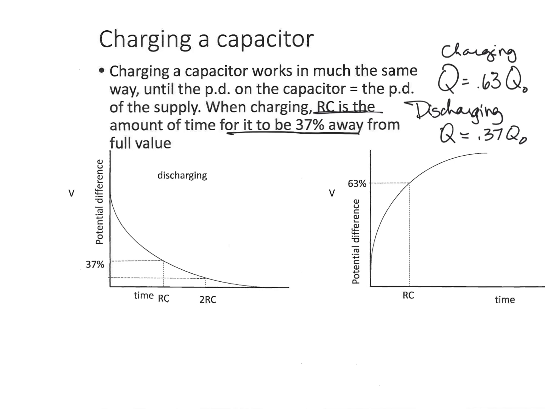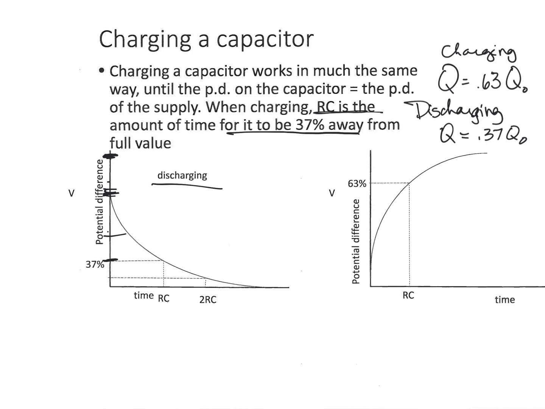So, I want you to look at this picture, though. This is discharging, isn't it? We said we want to know 37% away from being fully discharged, right? If fully charged is here, that would be a little more than a third of the way, wouldn't it? It's closer to a third, isn't it?